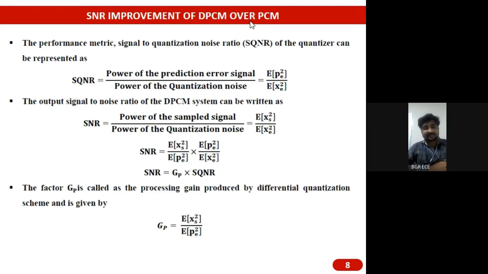In a PCM system, the SQNR in the case of a uniform quantizer will be 3 by 2 into 2 to the power of 2n.